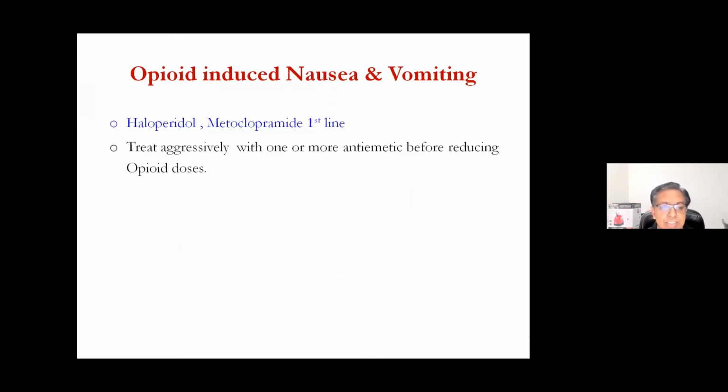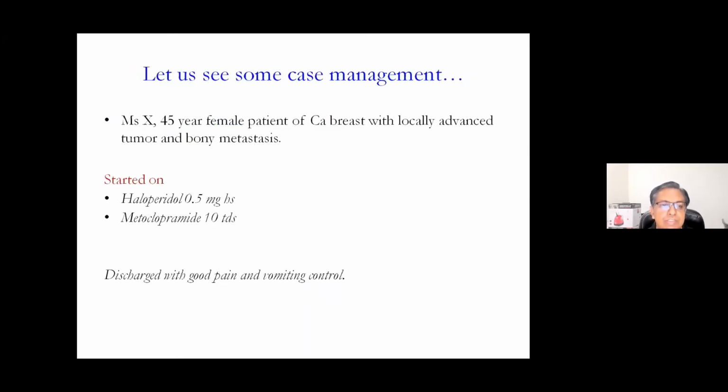These patients need to be treated aggressively because once the vomiting happens, their pain manifests, they become more anxious, and they can have more nausea, vomiting. So this means not only does the pain management need to be done aggressively in these patients, at times it needs intravenous management, but simultaneously we use drugs like haloperidol and metoclopramide, which act on the three areas that we have just discussed, leading to optimal control of nausea and vomiting.